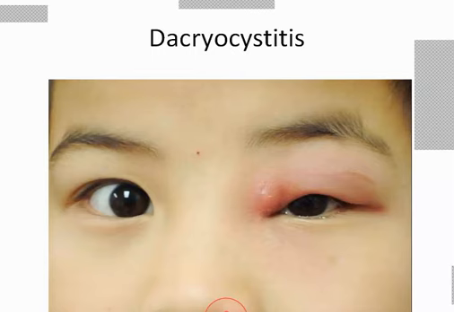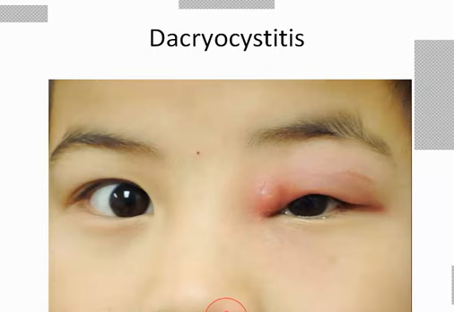So if you firmly press on the particular region, you'll get pus through the canaliculus into the conjunctival cul-de-sac. This is a very dangerous condition. This is acute dacryocystitis. In chronic dacryocystitis, you have to do a DCR operation.